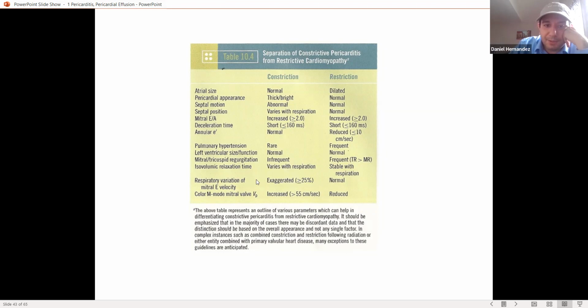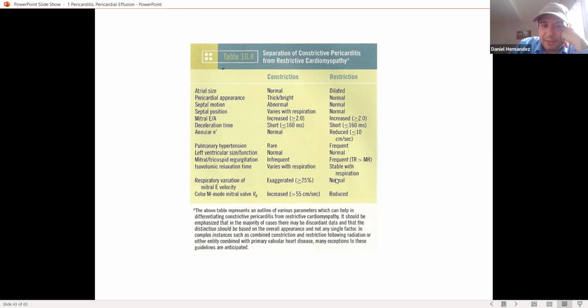But again, the big one to be able to differentiate is that respiratory variation. We see exaggeration between inspiration and expiration on our mitral and tricuspid inflows versus normal.